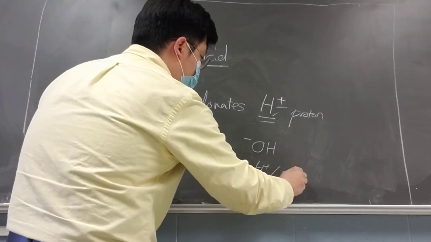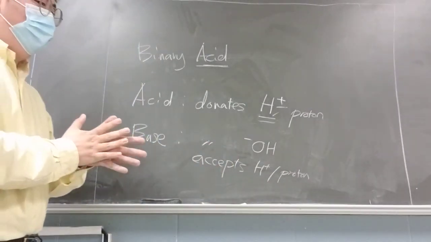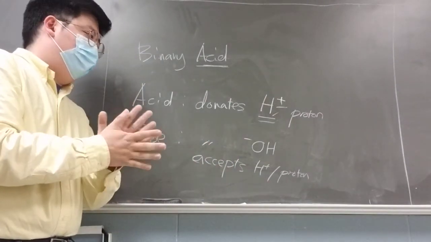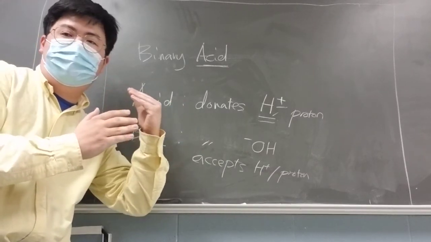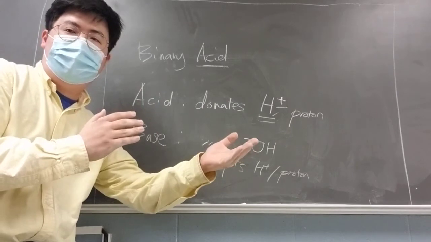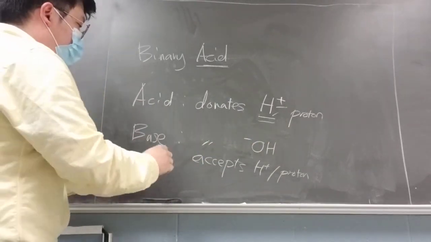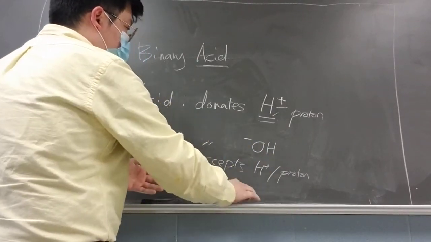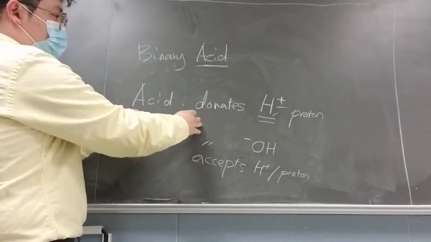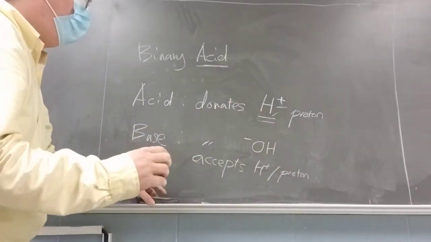You can say it's the same thing, and I'll tell you more in detail later. If you're losing something negative, it's the same as gaining something positive. So a base will either donate the OH minus or accept protons, doing the opposite job that an acid does, which is donating H plus. Okay, so I'll give you an example here.